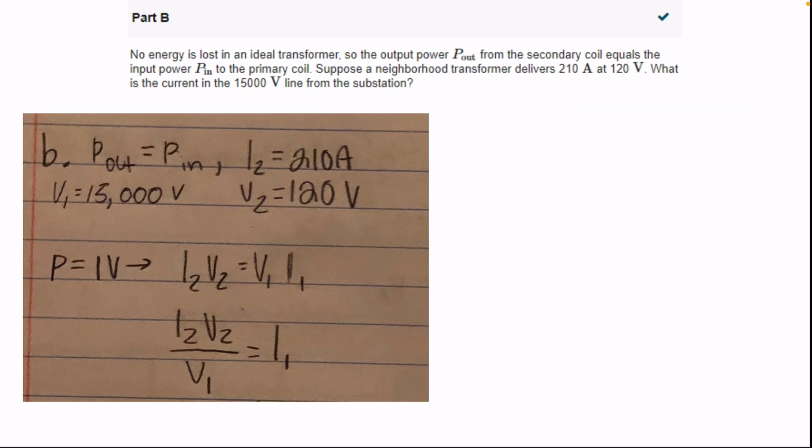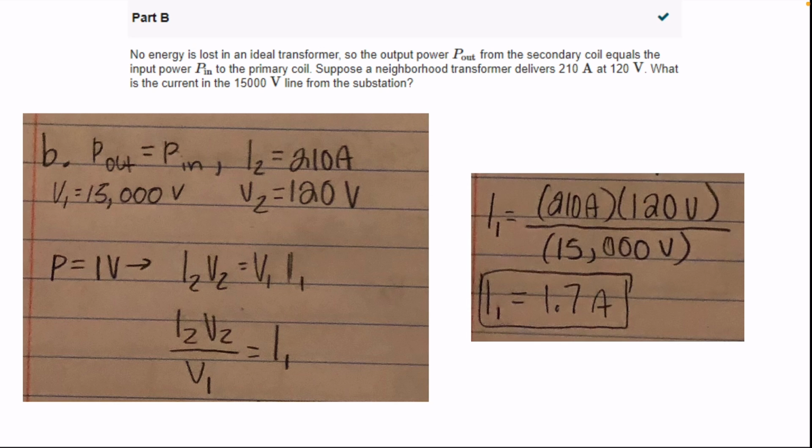We can just set those two equal to each other. The only thing we don't know is I1, which we're being asked to solve for. So all we have to do is rearrange the equation to get I1, and when you plug in the numbers, you get I1 equals 1.7 amps.